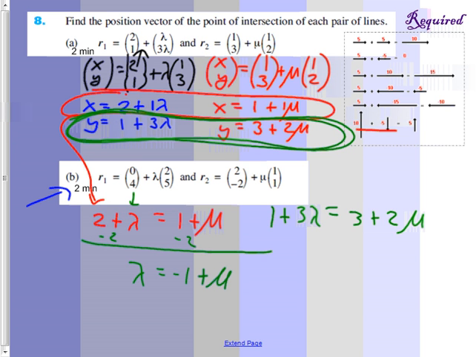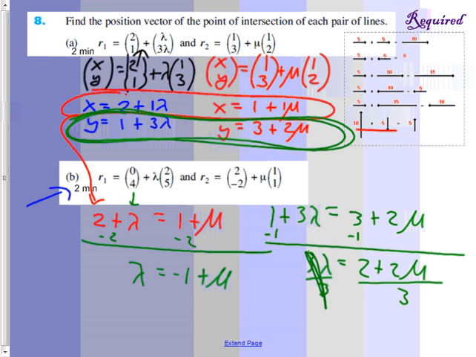And over here, solving for lambda, I'm taking away 1. 3 lambda is equal to 2 plus 2 mu. And then I'm dividing by 3. Lambda is equal to 2 plus 2 mu over 3. Please catch me if I make a mistake.